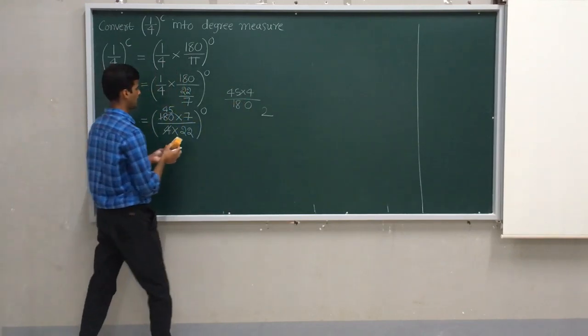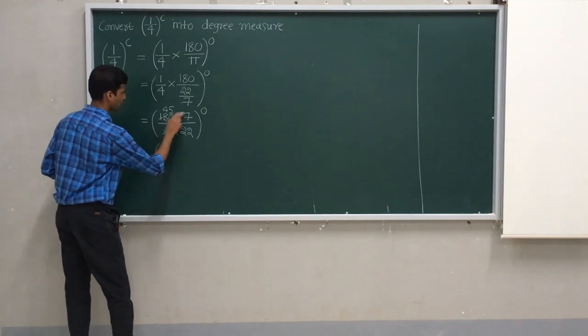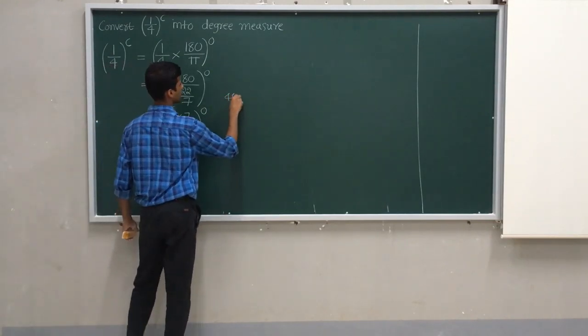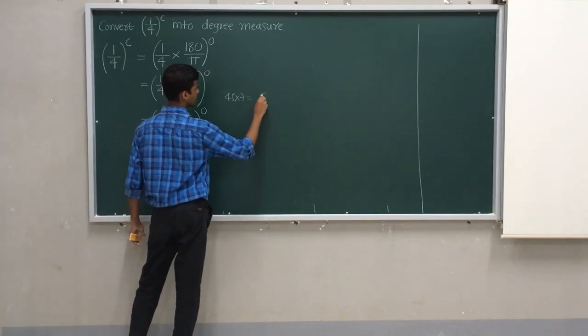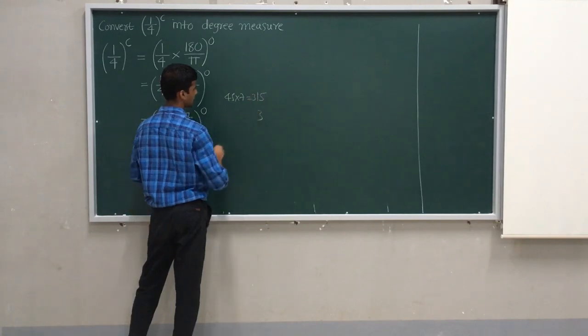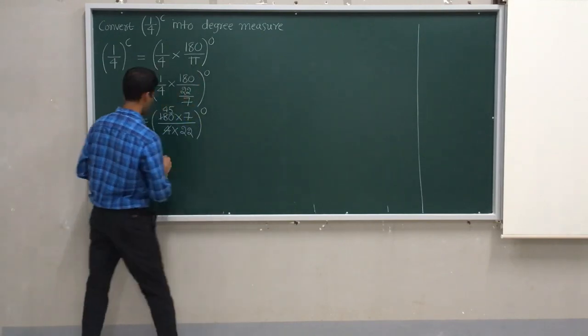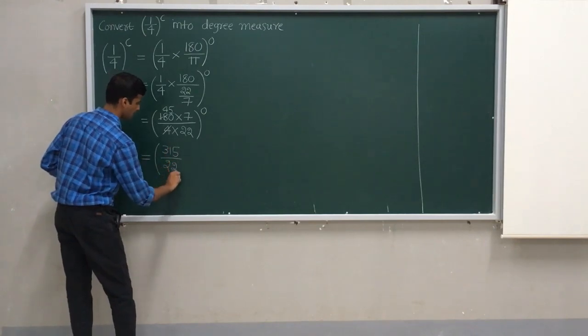So 45 sevens are 315: 7 fives are 35, 7 fours are 28 plus 3, 31. Yes, it is nothing but 315 upon 22 degree.